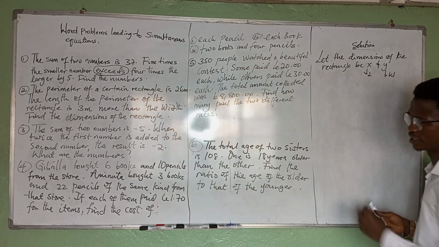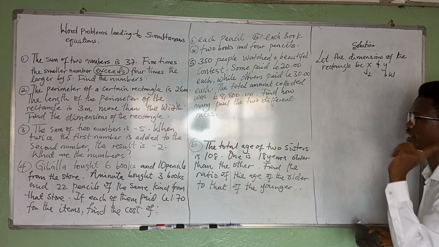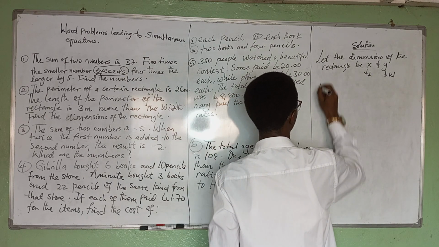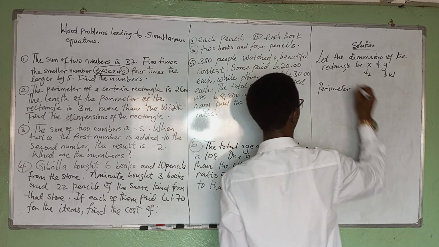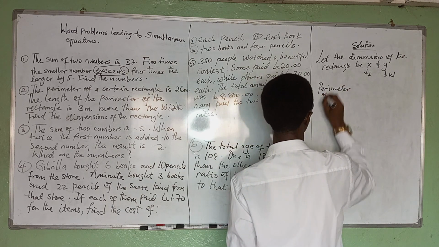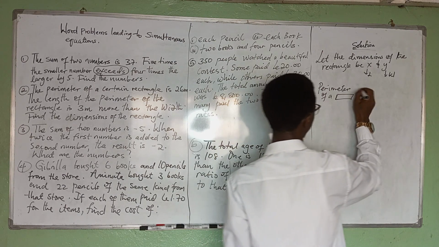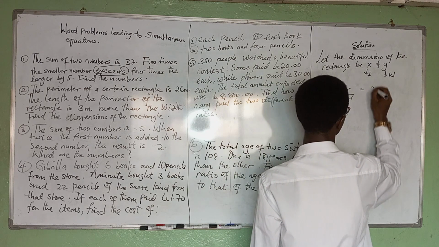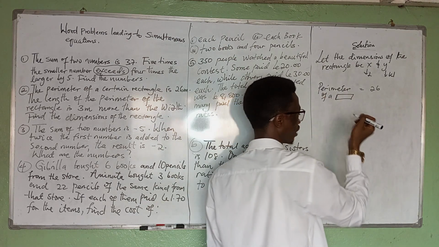So now that's the first part. Let's go now to interpret the question. It says the perimeter of a rectangle is 26, meaning equals to 26. But what's the perimeter of a rectangle?